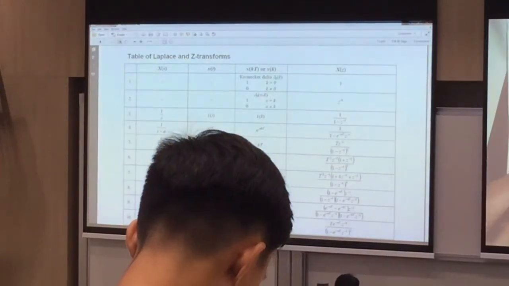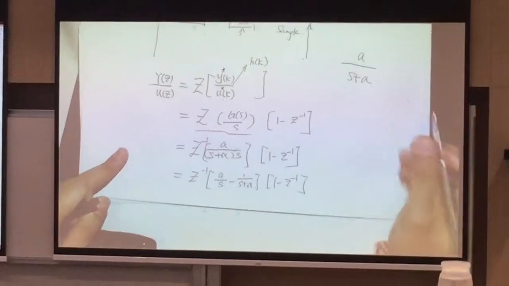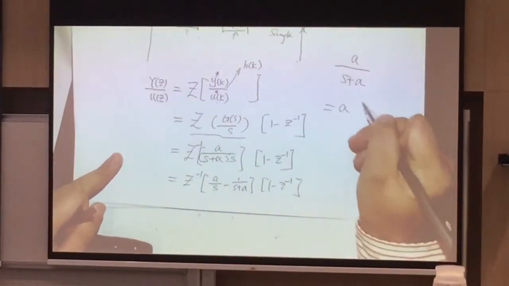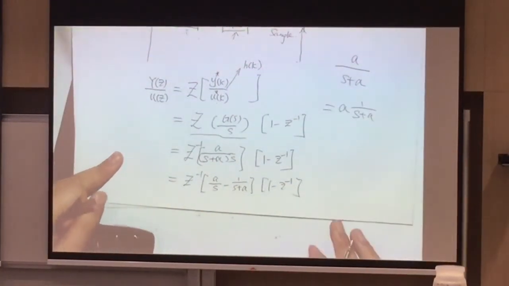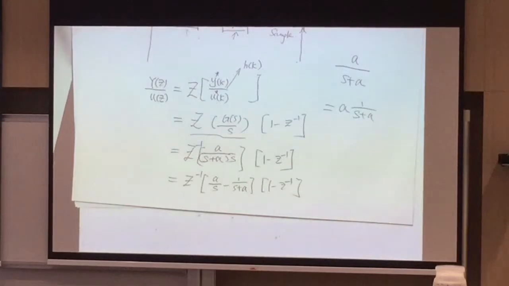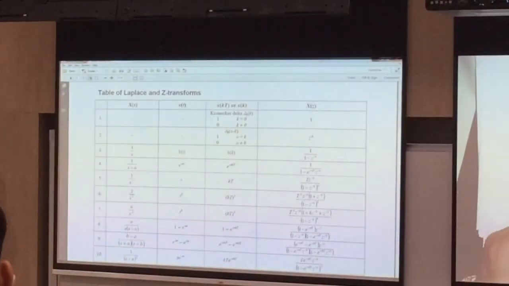My function is A divided by S plus A, right? A is a constant. Some students may ask, why not like this? If like this, do you have an S plus A? Yes, right? If you did this transform, what do you get?